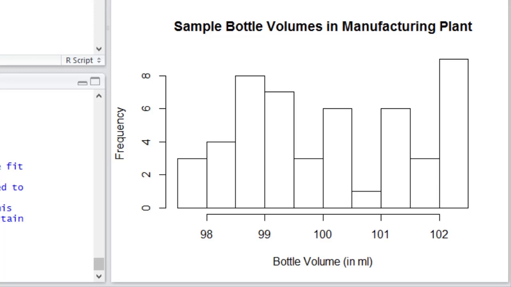Remember how we would obtain a normal distribution and then compare it to the mathematical model? Well, let's do the same thing here. This is a sample of data, but let me show you what the mathematical model of the population looks like.